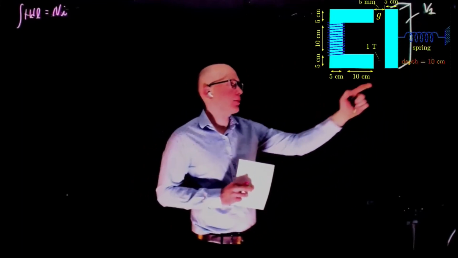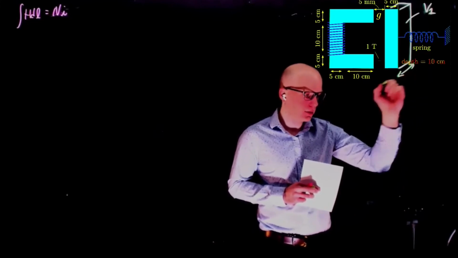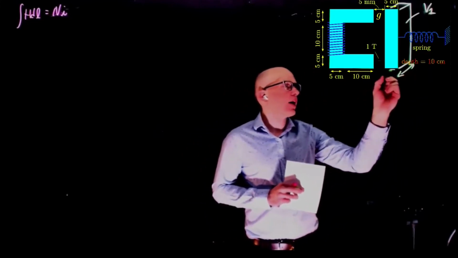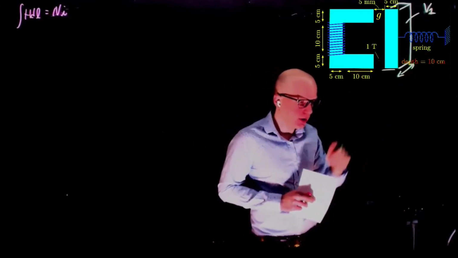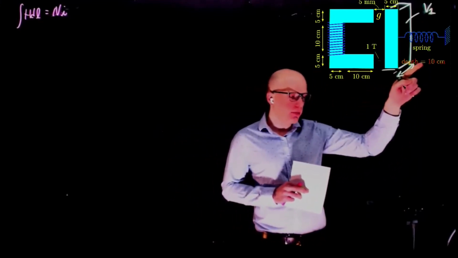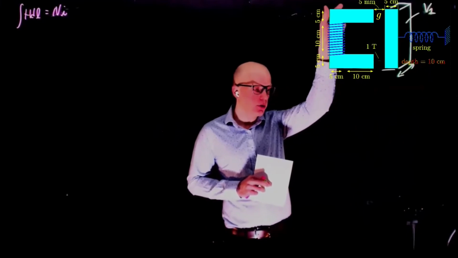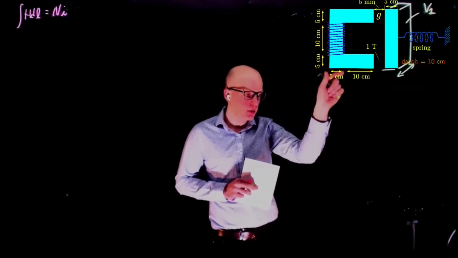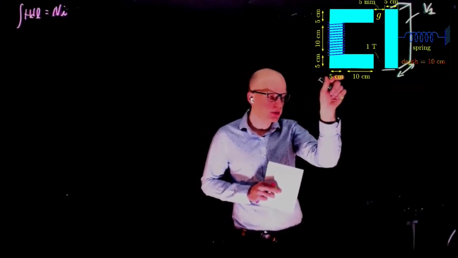Now we have a depth here of 10 centimeters. We have 5 centimeters like that, and the height here is 20 centimeters. So you have this volume V1, which corresponds to this volume here. It is the same, right? We see the same dimensions.